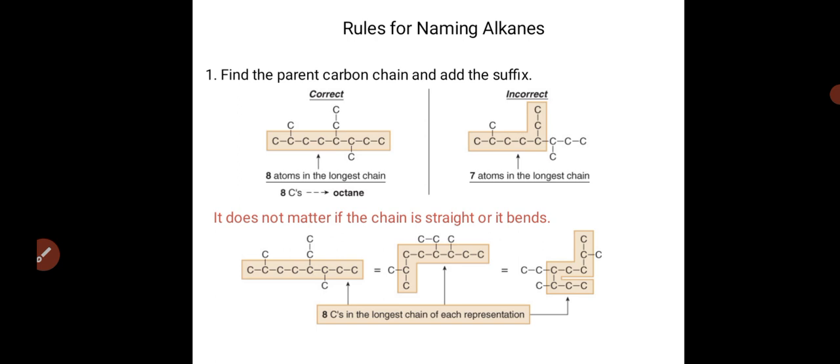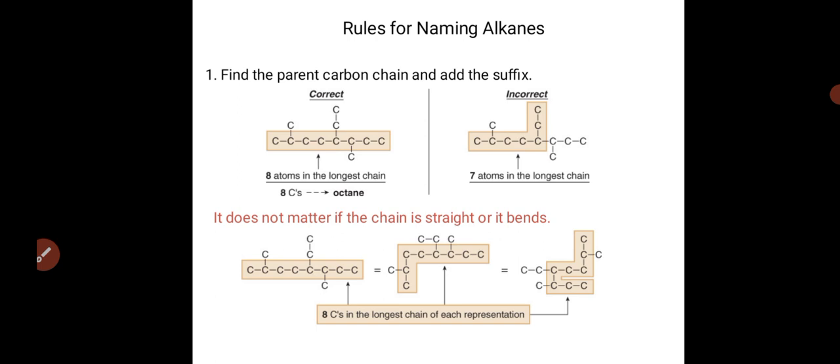So we are going to look at the rules of naming alkanes, and these rules, we have number 1. The first thing is to find the parent carbon chain and add the suffix. You see the first one here, look at how they are colored.